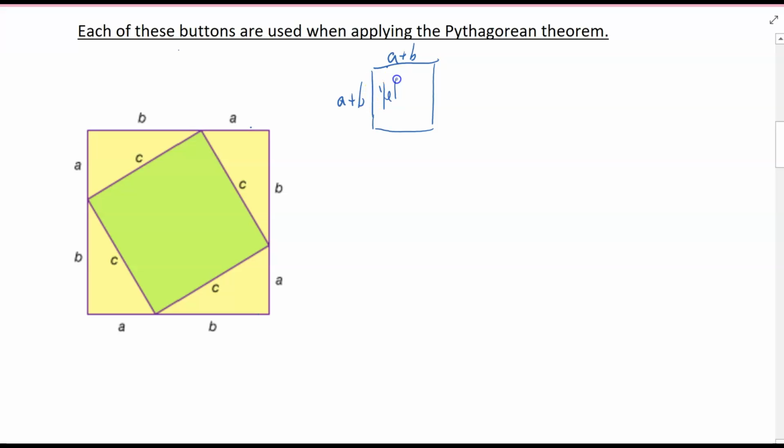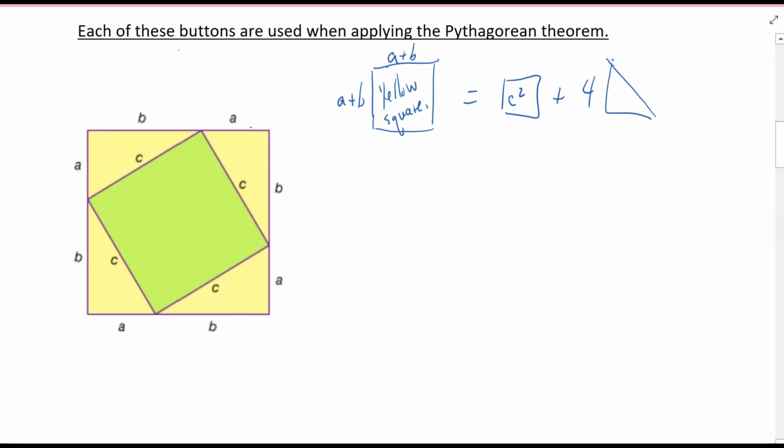This is the yellow square. And the yellow square is made up of one square that has an area of c by c. All right, it's got a square that is c squared for area, c times c, plus 4 triangles.